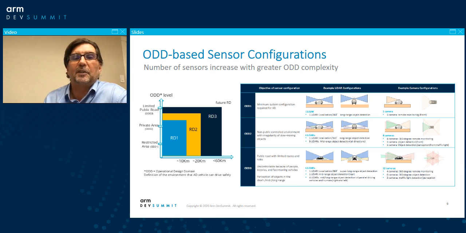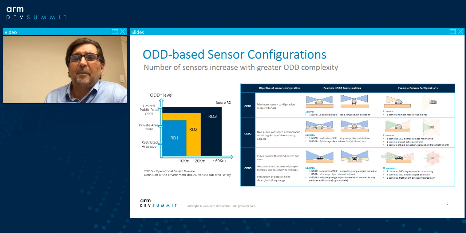This is where you'll see more LiDARs, forward-looking and side-looking cameras as well for things like traffic light recognition. You'll also see other sensor modalities integrated, such as radar, to address longer range perception tasks.